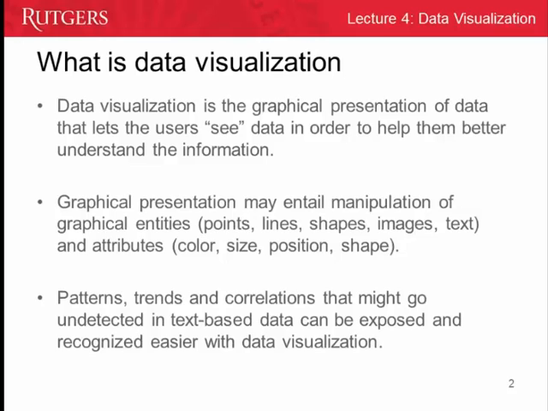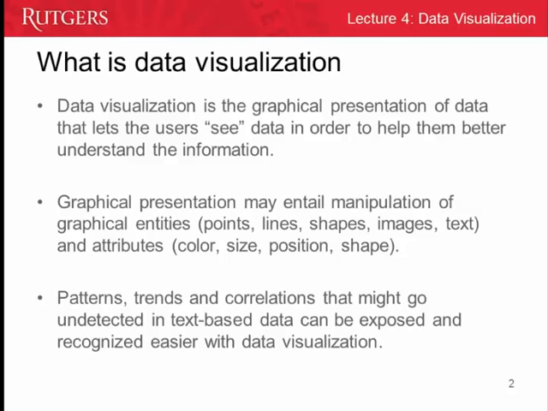For example, in data visualization graphs, we can include points or lines or shapes or images or text. And also, we can add color, size, position, and shape to show more information.